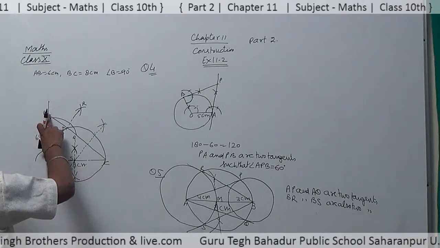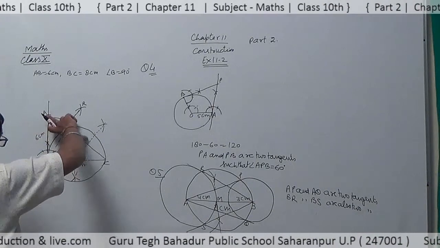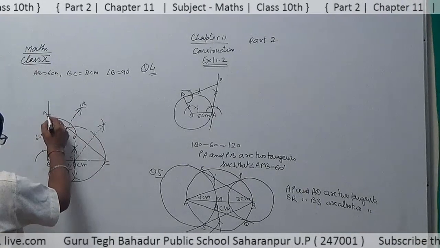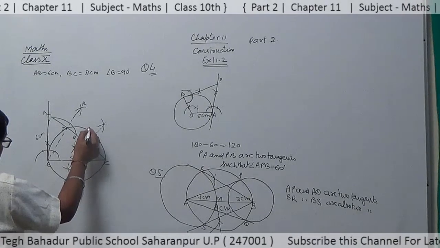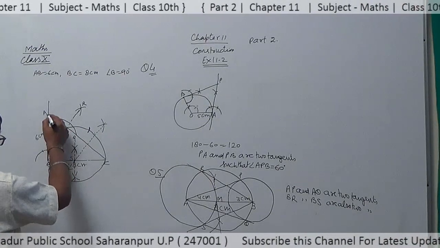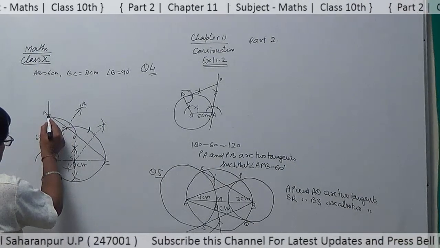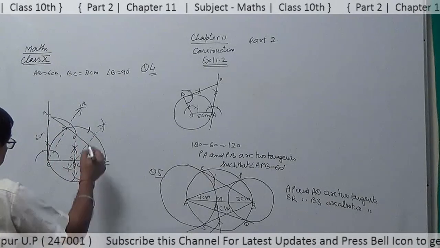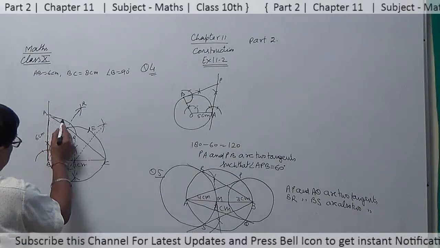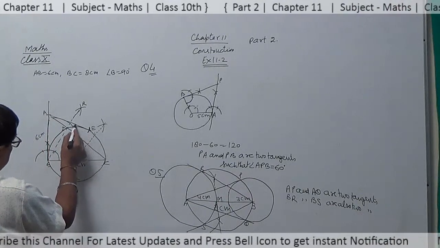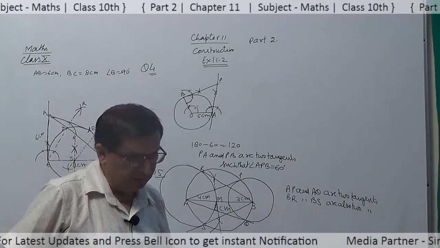We will take AB as a distance and draw another tangent from point A. Draw another arc of 6 centimeter from point A, which intersects the circle at point E. Join AE. So AE is the other tangent to the circle.